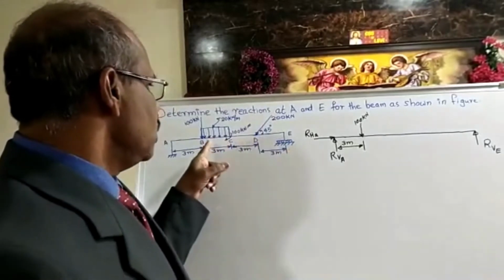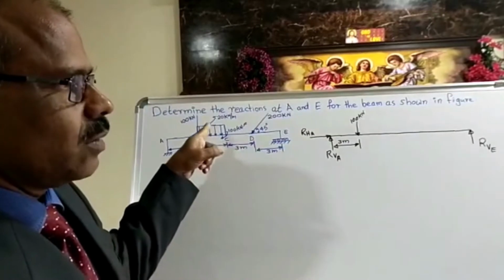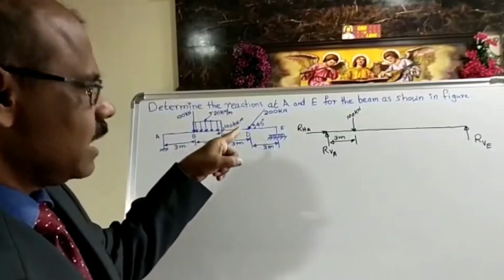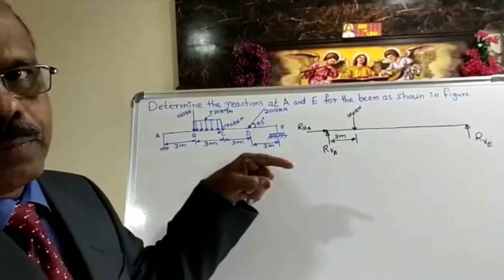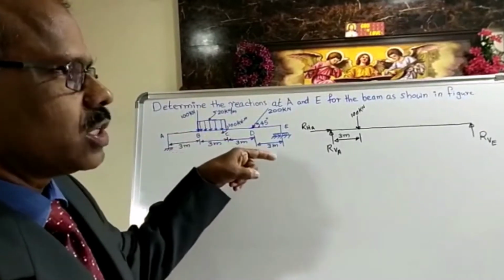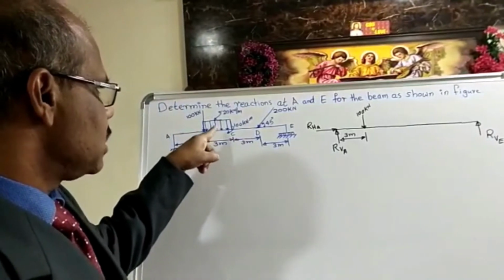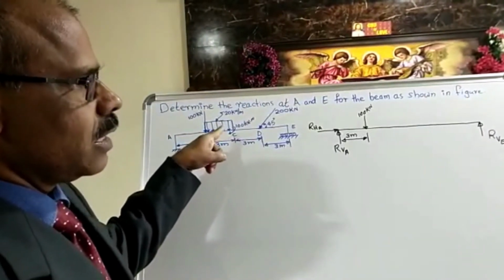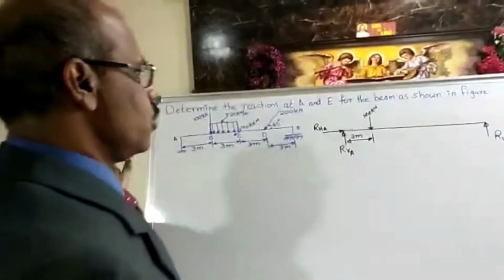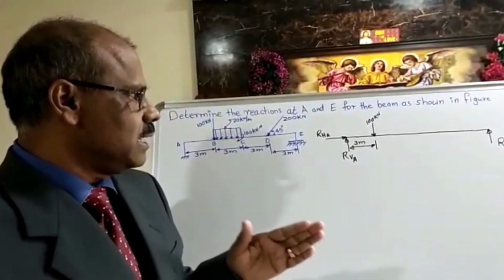Whenever there is a uniformly distributed load, for making the FBD, free body diagram, convert that uniformly distributed load into a concentrated load, otherwise a point load. So I have converted this 20 kilonewton per meter into a concentrated load, that is 20 into 3, which is 60 kilonewton. And at what distance will this 60 come?